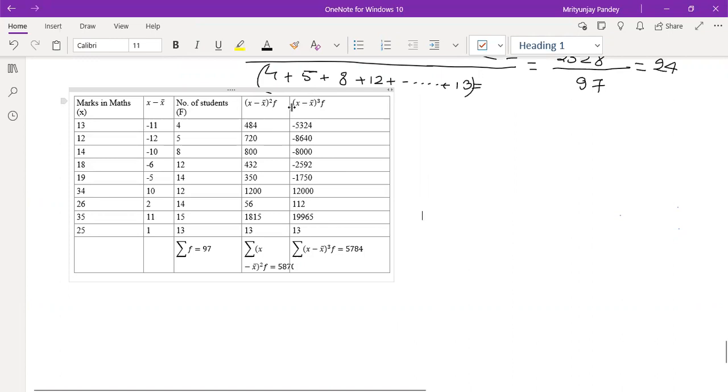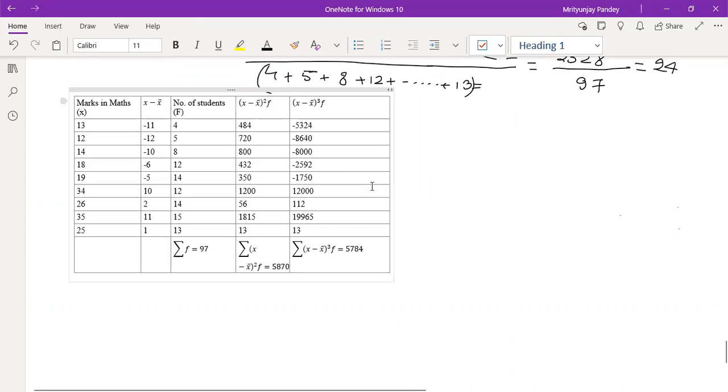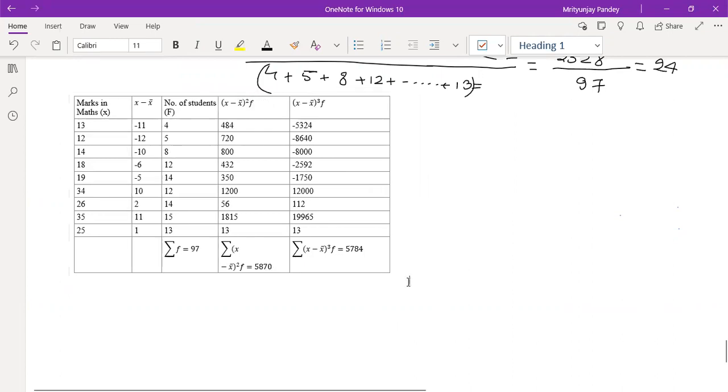If any doubt in this table, then ask. Okay, so x bar is 24. Here x is 13. 13 minus 24 is minus 11. 12 minus 24 is minus 12, like that. So this is the value of x minus x bar. Now make a square of x minus x bar and multiply by f also. So 11 square is 121, and 121 into 4 is 484. This is your first value, like that.